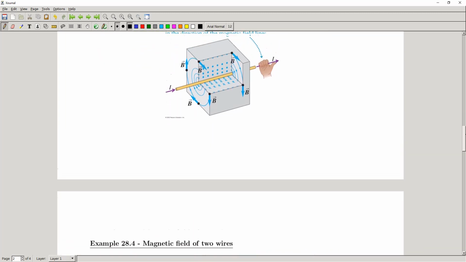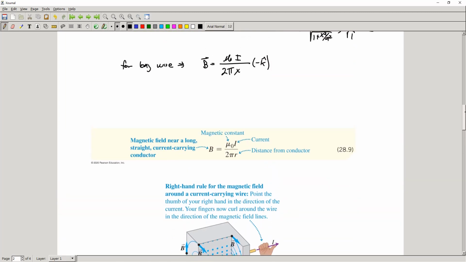Now we're going to take this result for the magnitude of the magnetic field, and we're going to use it over here. Maybe I should note really quickly that this k hat part of it is only going to hold if our x really is in the x direction and our current runs in the positive y direction and so forth.